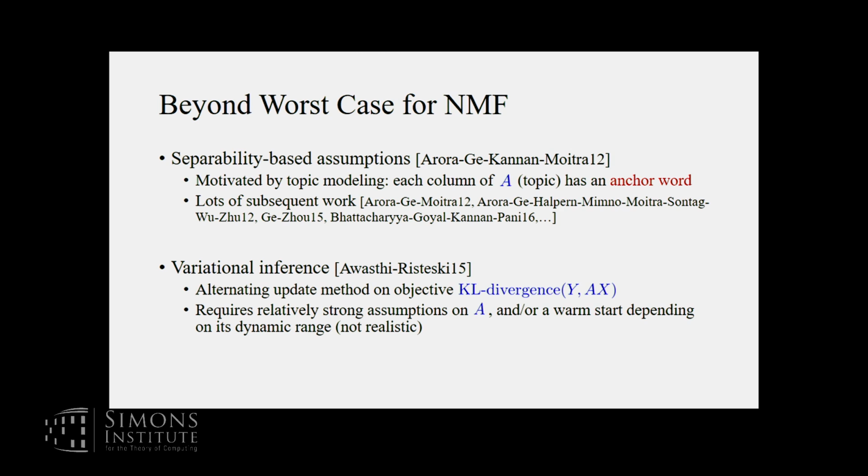Another related work is by Awasthi and Risteski. They analyze the variational inference method. Basically, it's an alternating update method for topic modeling. They alternate over A and X, trying to minimize the KL divergence between the columns of Y and the columns of A times X. So this work requires quite a strong assumption on A and also a warm start, depending on the dynamic range of the entries in the matrix A, which is not so realistic.